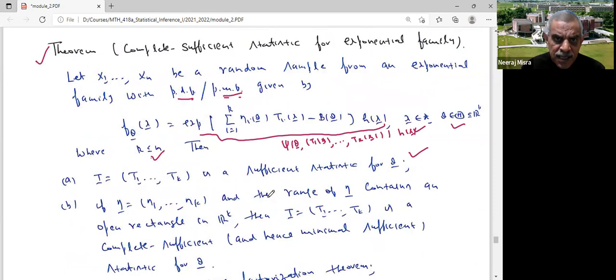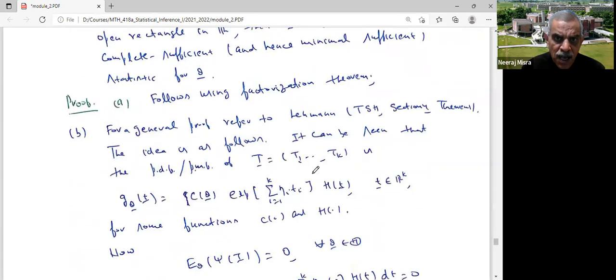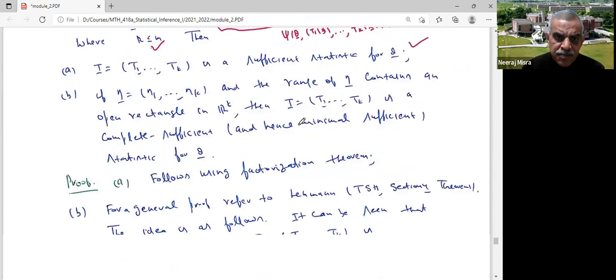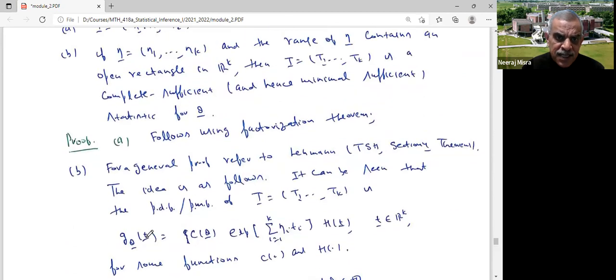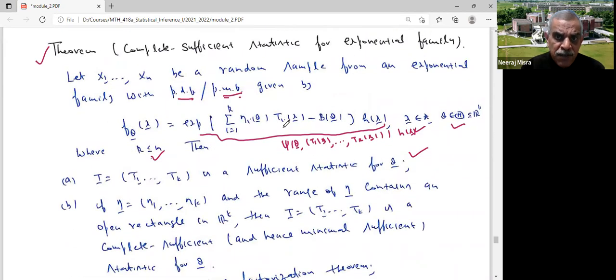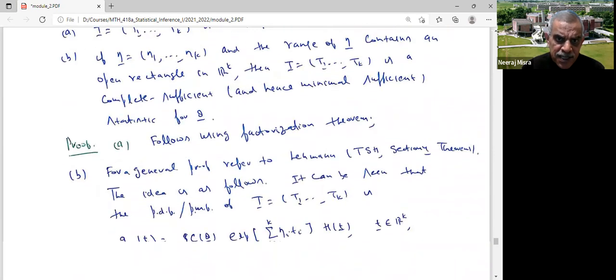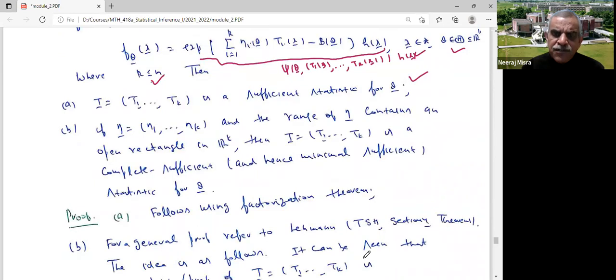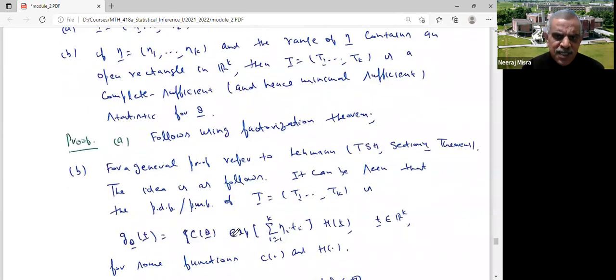Now note that one can prove that the PDF or PMF of T, which is T1, T2, ..., Tk, would be g theta of t, which is exponential of summation eta i of theta t i, into h of t, times c of theta.